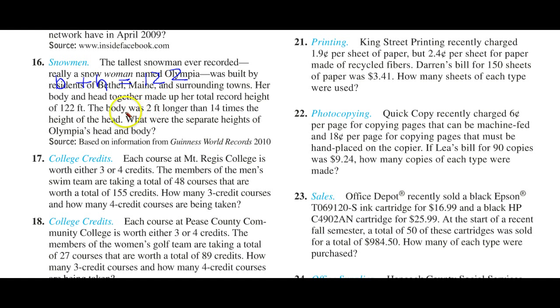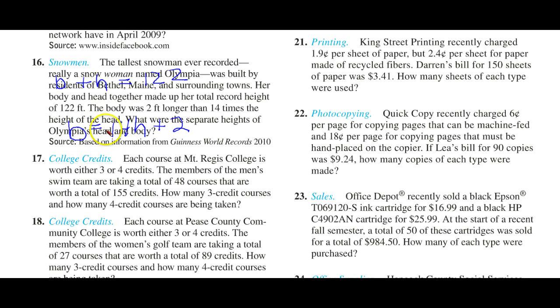Now they're saying here the body, which is B, is 2 feet longer than 14 times the height of the head. So 14 times the height of the head plus 2. And there are your equations. And for this, I just use substitution.